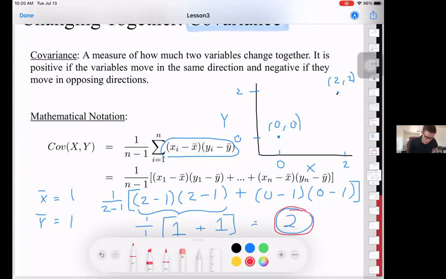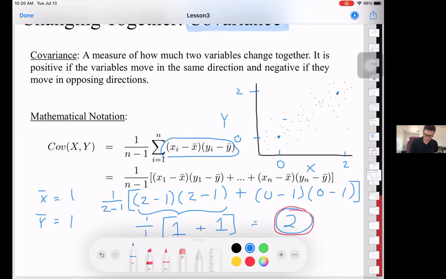It tends to be, though, that we don't have data sets of 2. We have data sets of hundreds or thousands and sometimes millions. So instead of being 2 little points like this, we usually have kind of a data cloud like this, lots of points.